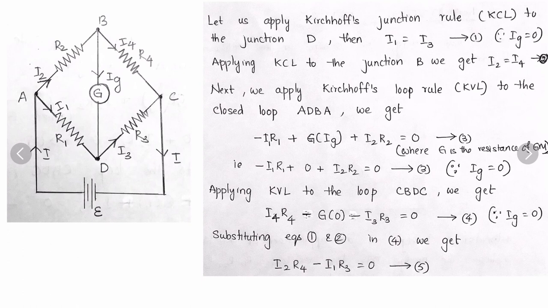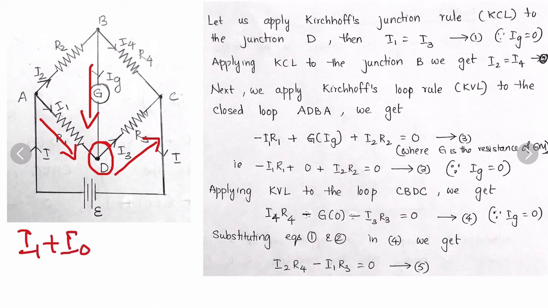Now, let us apply Kirchhoff's junction rule, the KCL, to the junction D. D means the point which I am circling here. At this point, you can see I1 is flowing inside, Ig is flowing inside, I3 is flowing outside. That means I1 and Ig are taken as positive and I3 is taken as negative.